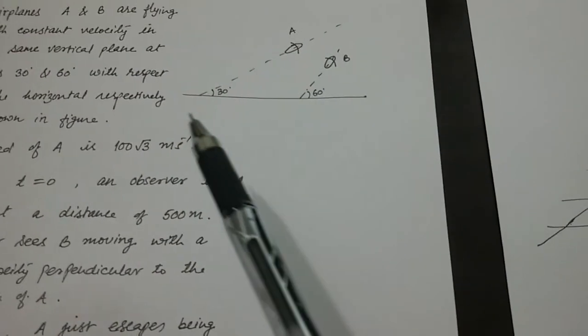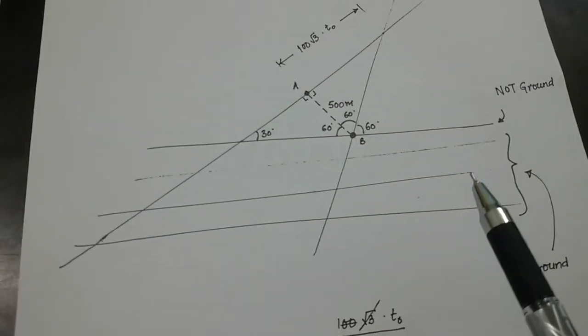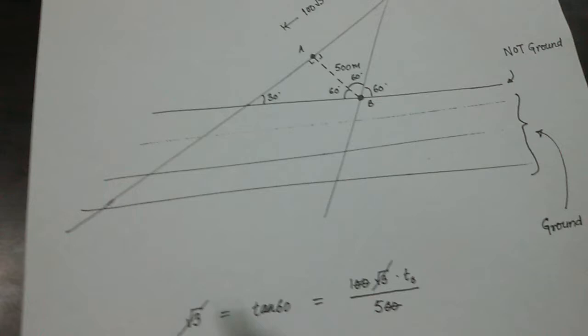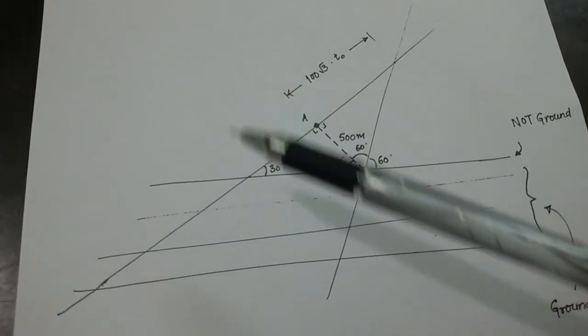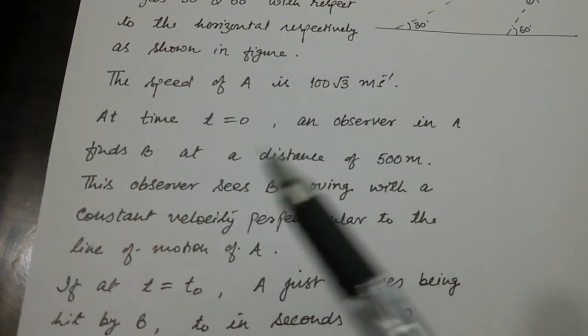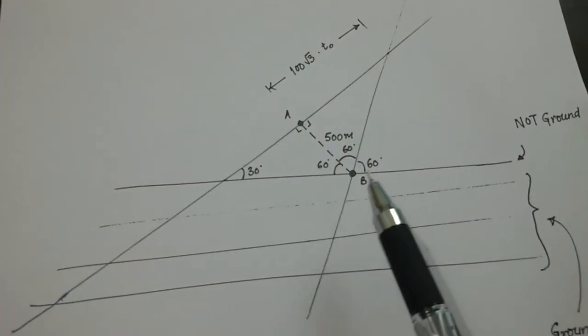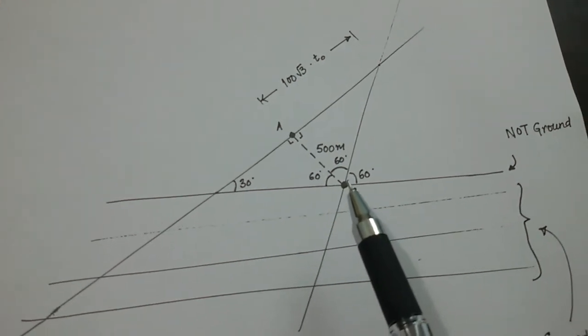As they have shown a horizontal line here, let us suppose this is the ground. So where is the ground? Ground would be somewhere down here. So this situation is for t equal to 0, as they have mentioned that at t equal to 0 an observer in A finds B and so on. So at t equal to 0, B is here, and at this moment where is A?